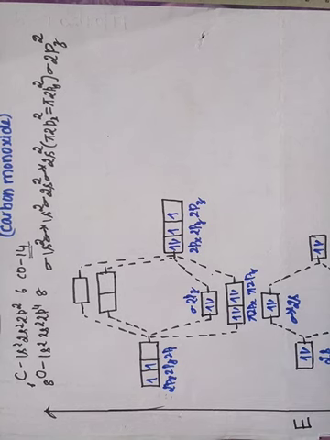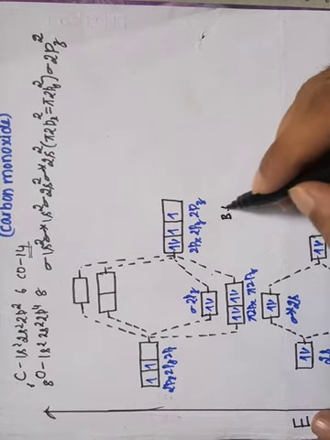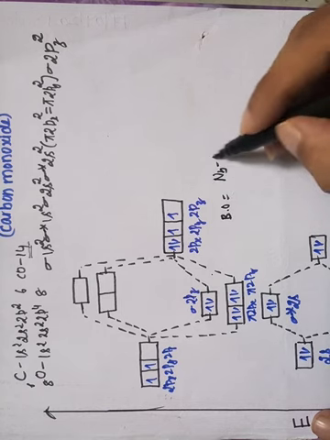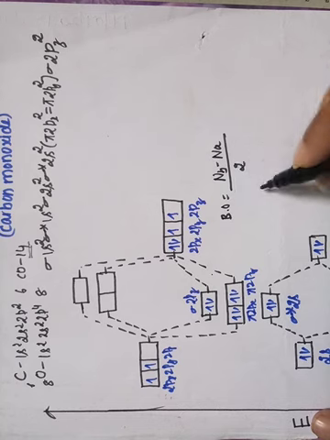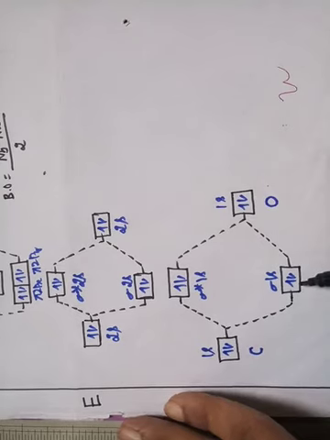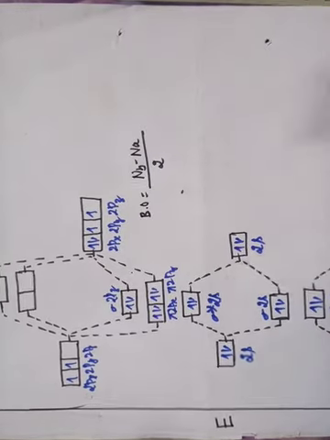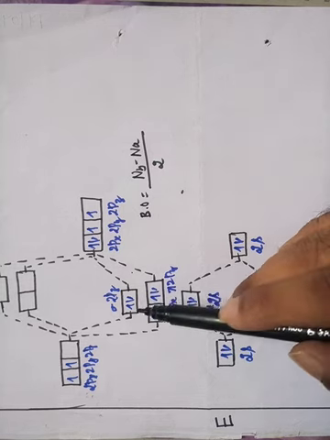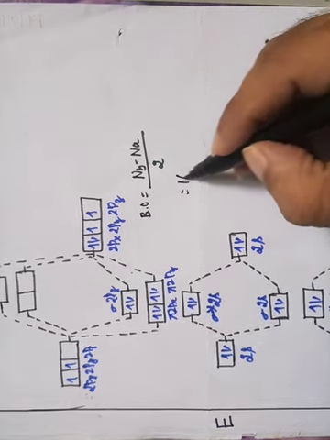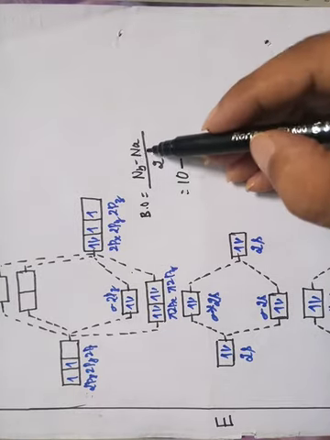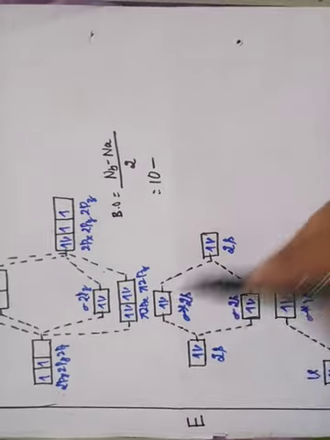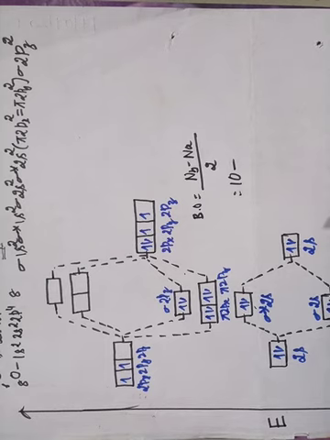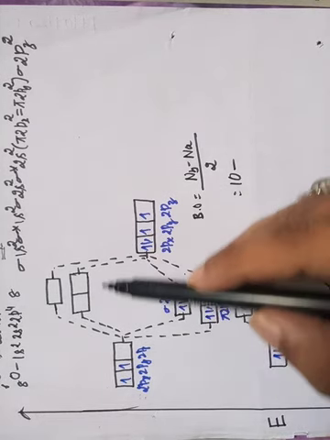Okay, so let us calculate its bond order. Bond order is Nb minus Na divided by 2. Let us see the number of electrons in bonding molecular orbitals: 2 plus 2 is 4, 5, 6, 7, 8, 9, 10. So there are 10 electrons in the bonding molecular orbitals, minus the number of electrons in the anti-bonding molecular orbitals, which is 2 plus 2, 4. No electrons are present in the pi anti-bonding.